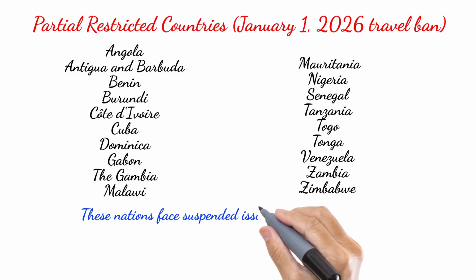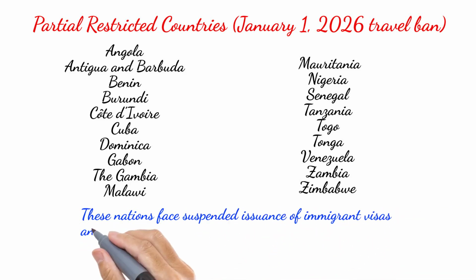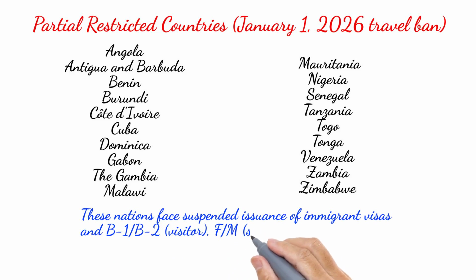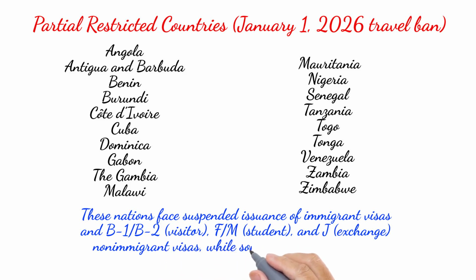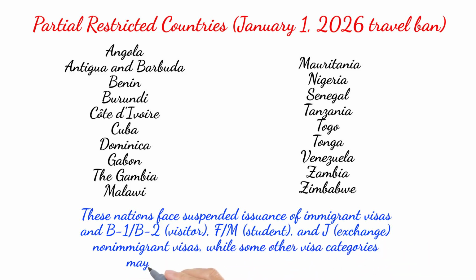These nations face suspended issuance of immigrant visas and B1/B2 visitor, F/M student, and J non-immigrant visas, while some other visa categories may still be issued with reduced validity.